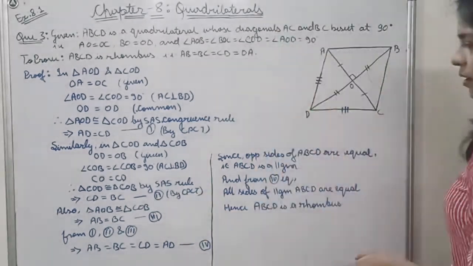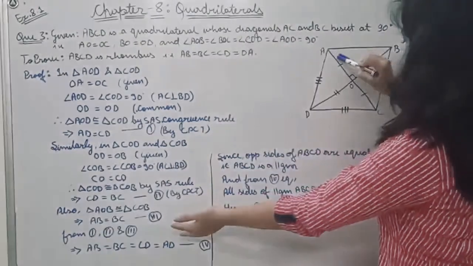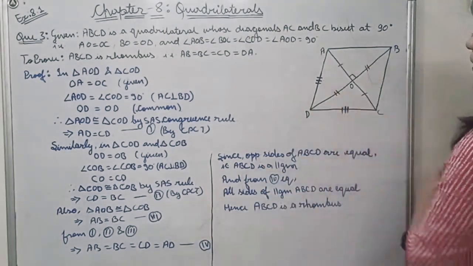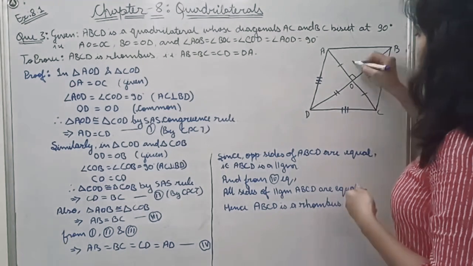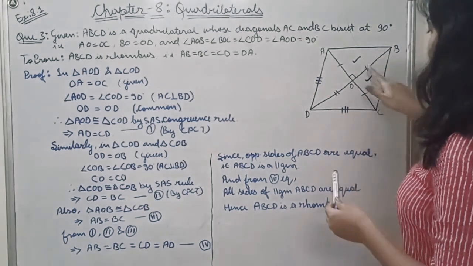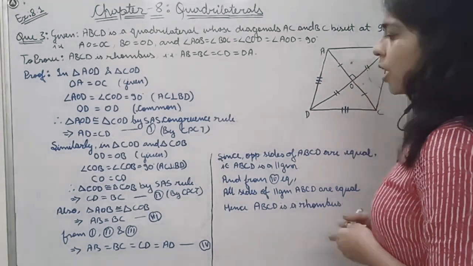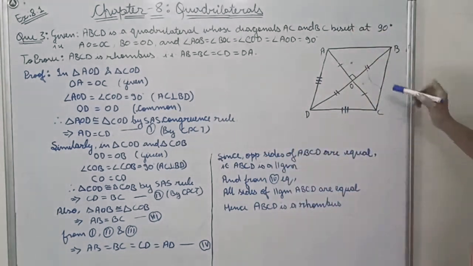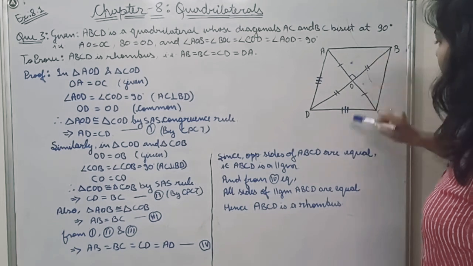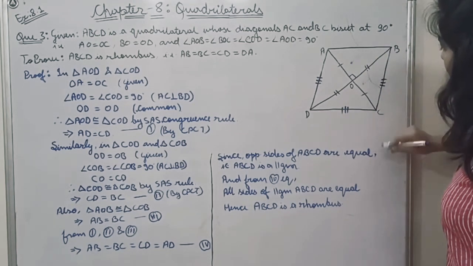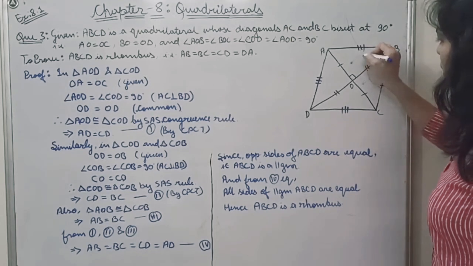Similarly, triangle AOB and triangle COB will be congruent by side angle side congruence rule. So again their corresponding hypotenuse will be equal. Hypotenuse of this triangle is AB, hypotenuse of this triangle is BC, means again BC is equal to AB.